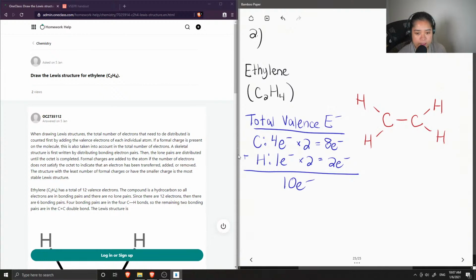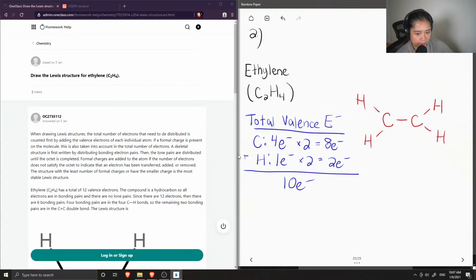Now let's stop to see how many electrons are in this structure. If we recall that each bond has 2 electrons participating, and we have 5 bonds, this is 10 electrons, so we already have our 10 electrons.